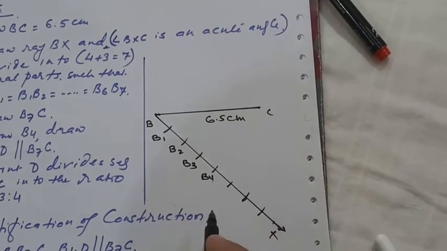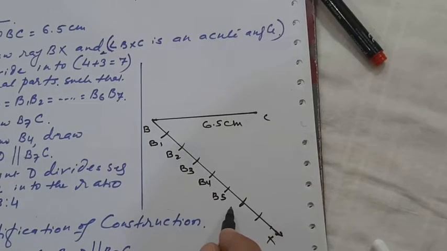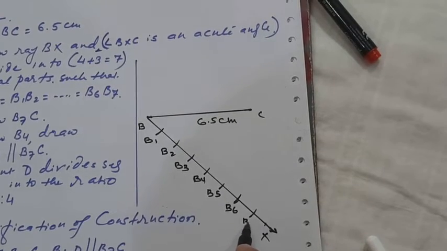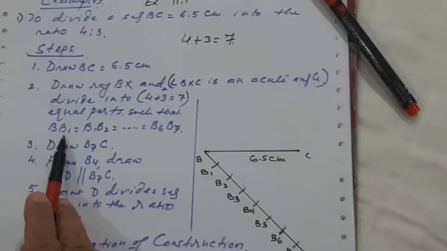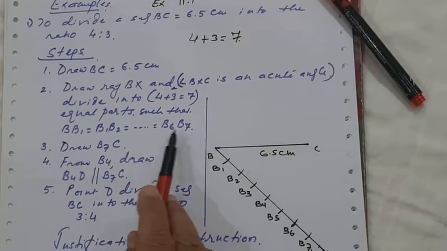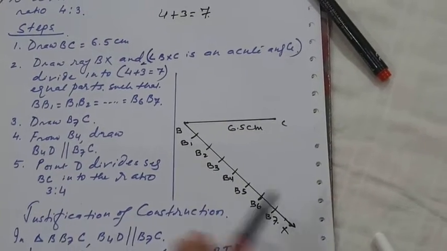These are the equal segments. See that B1B2 is equal to B2B3, and so on, the last one is B6B7.